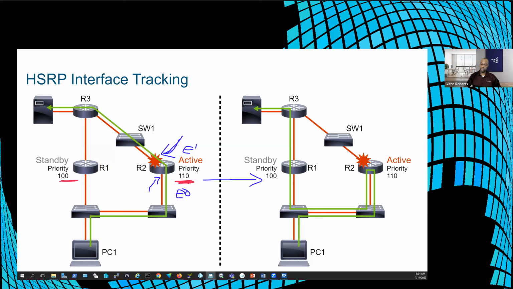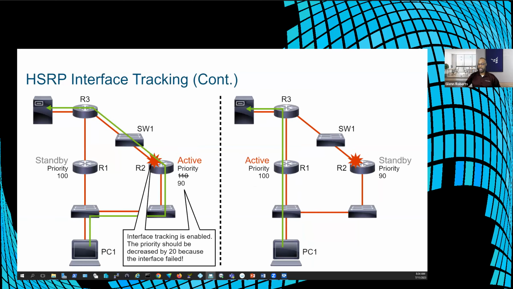So Cisco introduced interface tracking. And what interface tracking allows you to do is to tell HSRP, I need you to monitor an external interface in conjunction with the device and the interfaces that you're using. And when you do that, in the event that tracked interface goes down, I need you to decrement the priority on the active device, so that the standby can take over.